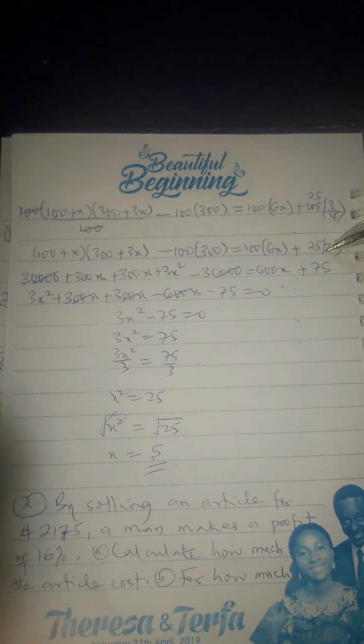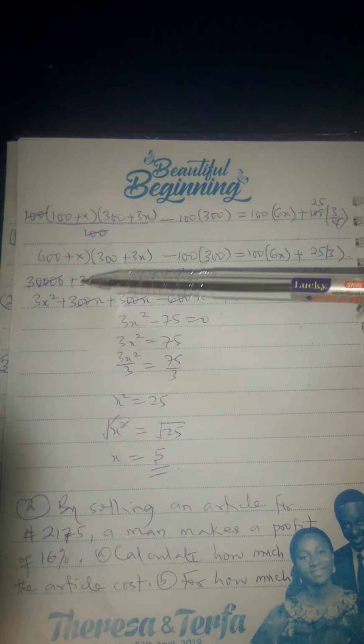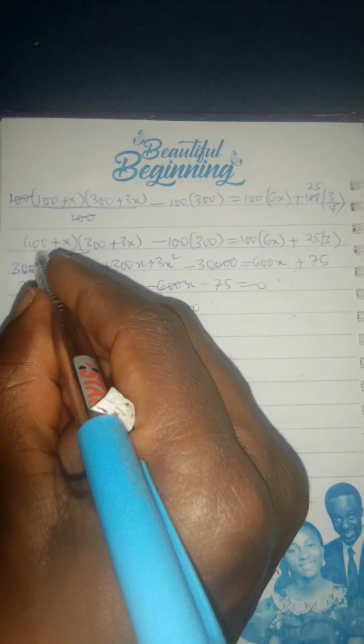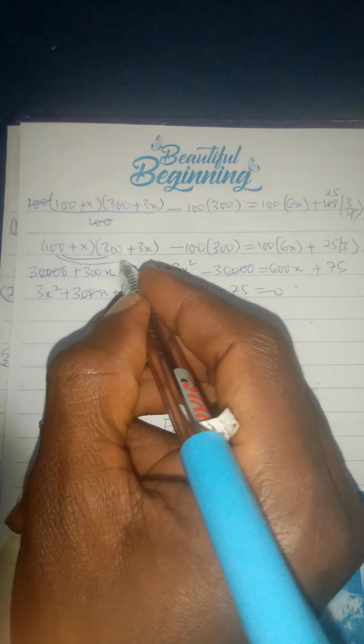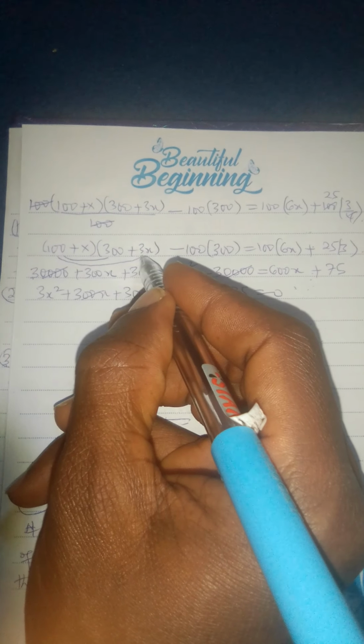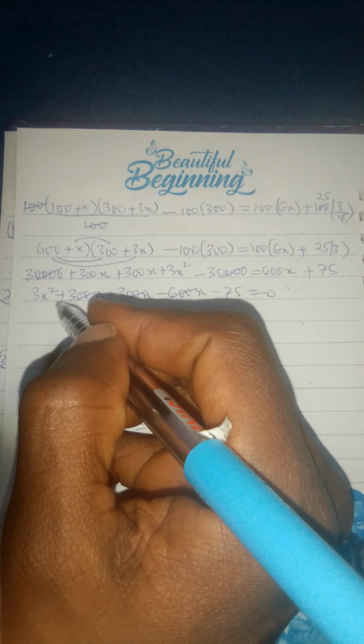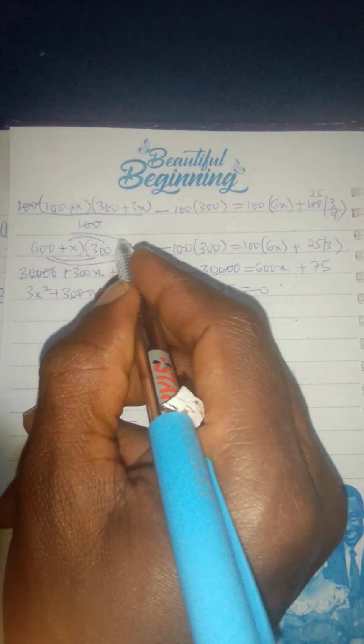Leave it times 3. Now here you can open your bracket. This 100 will multiply this to give you 30,000. The 100 will multiply 3x to give 300x. x will multiply 300 to give 300x, and next we multiply 3x by x to give 3x squared, with your sign plus 3x squared.